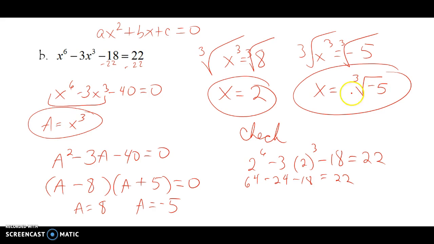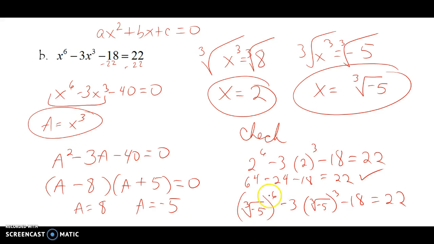We could check the cube root of negative 5. If I take the cube root of negative 5 and raise it to the 6th power, minus 3 times the cube root of negative 5 cubed minus 18, better get 22. So this is like a 1/3 power, and 6 times 1/3 would be 2.